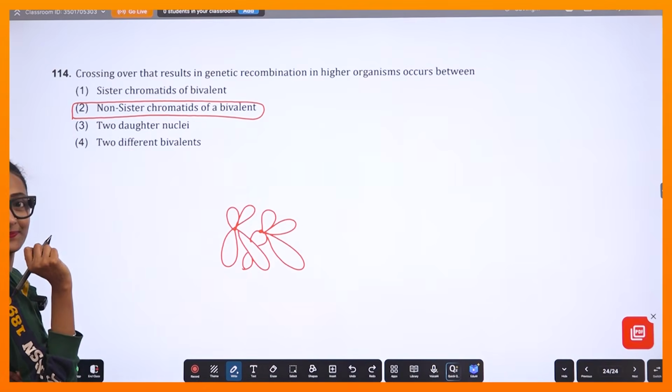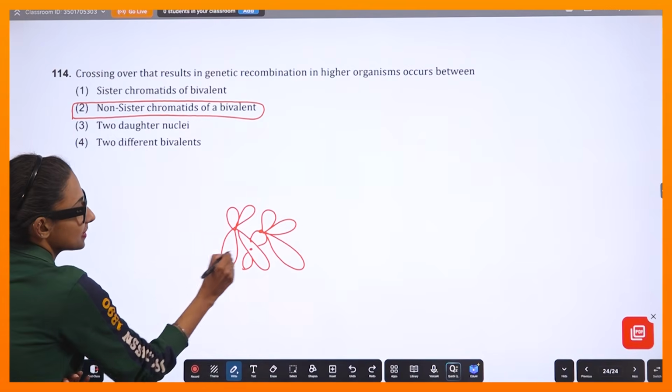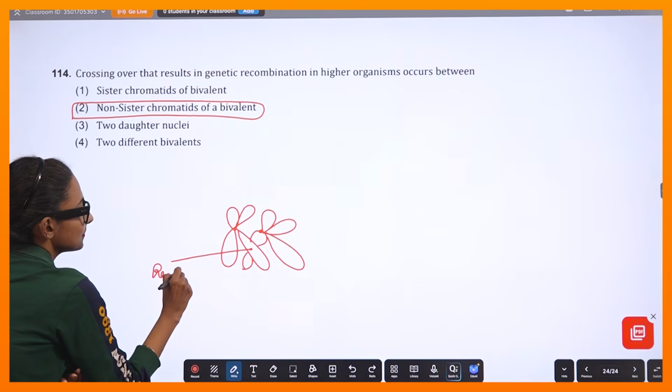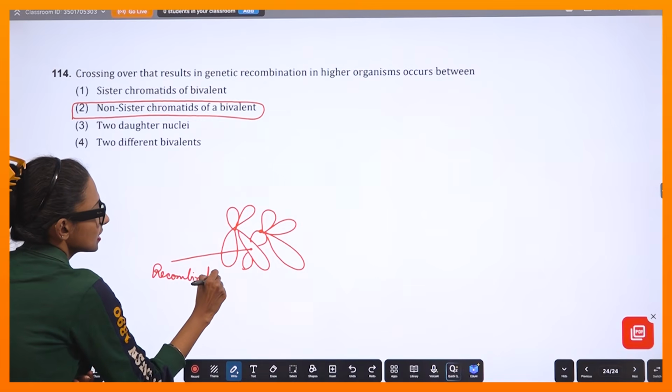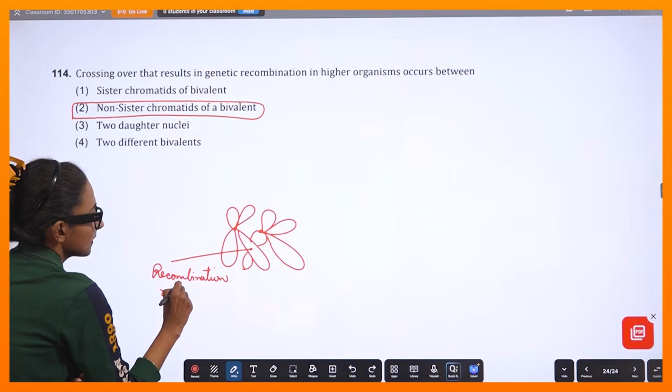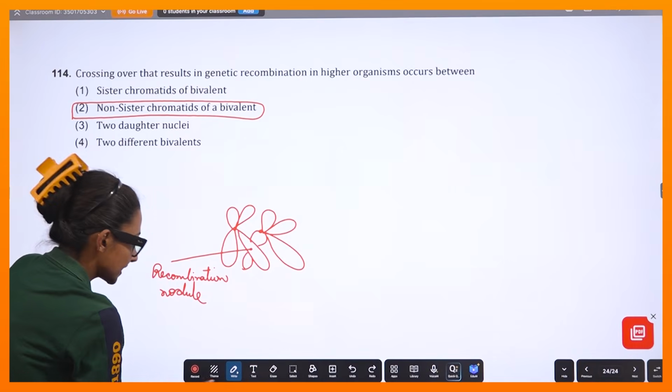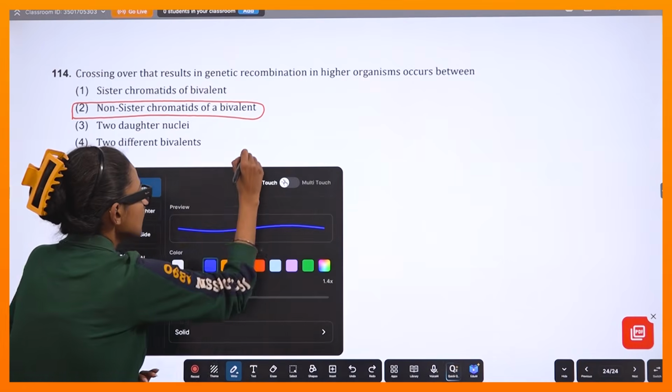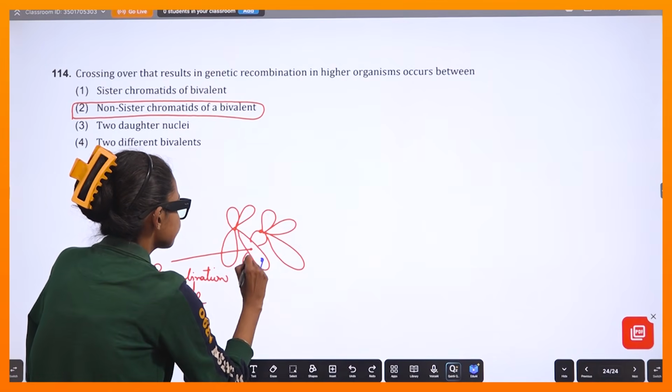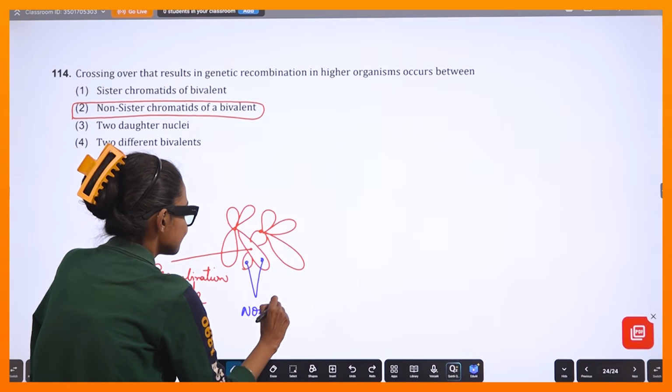This is where recombination is taking place: the recombination nodule. These two are non-sister chromatids.